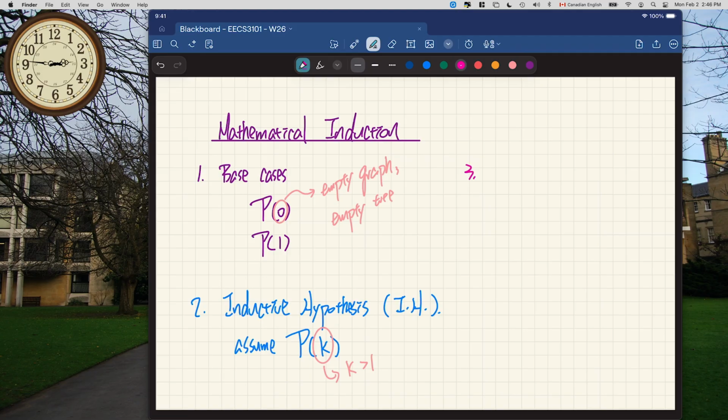Okay? You want to prove the property will actually hold on k plus 1. You can think about the plus 1 over here as meaning we have to make some extension to the input. We assume the input is going to hold the property on size k. But now we consider a strictly larger input with k plus 1, maybe k plus 1 vertices, and we want to show that that one also works.